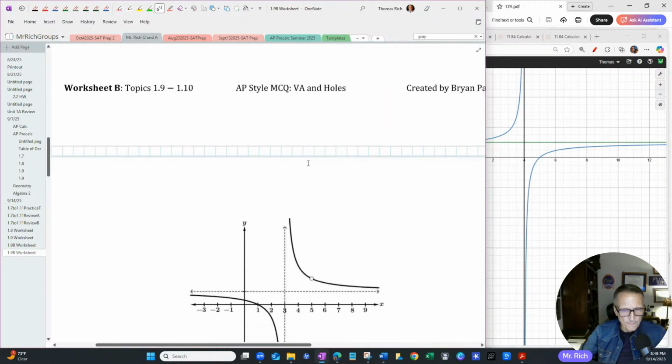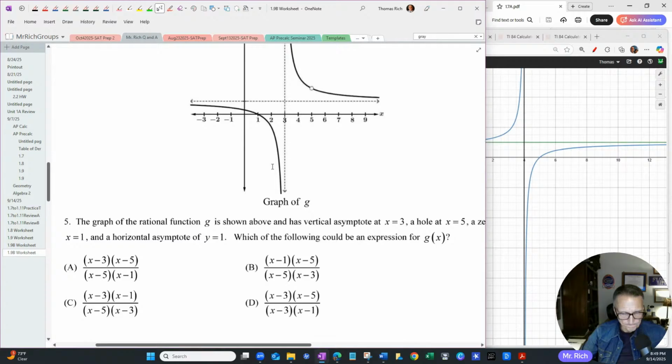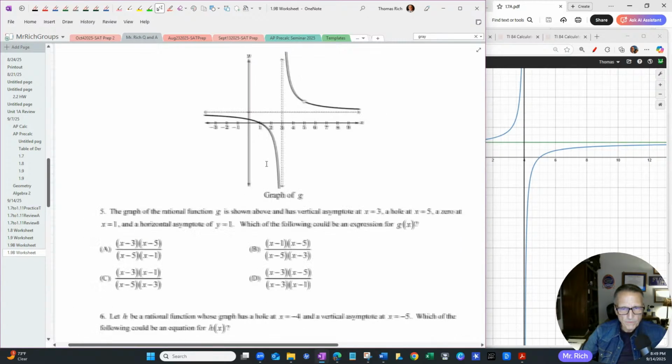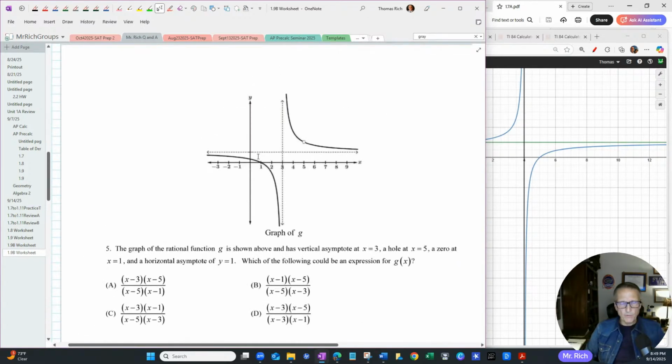Let me show you a few other things. Here's another graph equation where they show you the graph of a rational function, and then they want you to determine what could be the graph. Very much, could you have seen this in Algebra 2? Maybe. But what do they tell us is true?